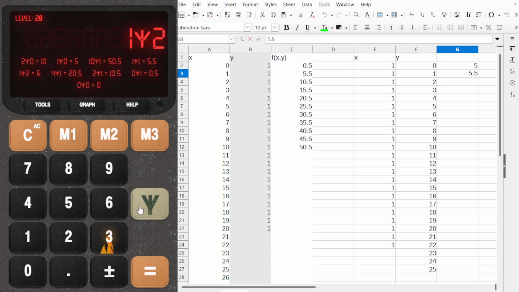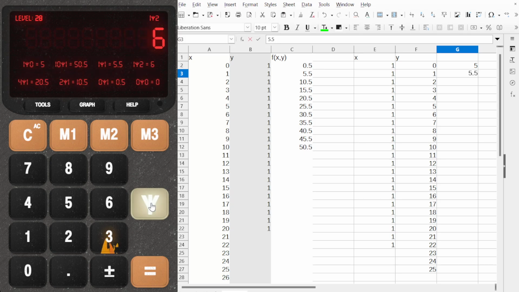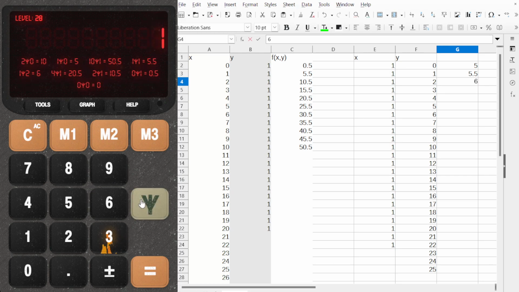1, 2, 6. I'm very confused. Now I'm expecting the 1, 4 to be a 7. Okay.